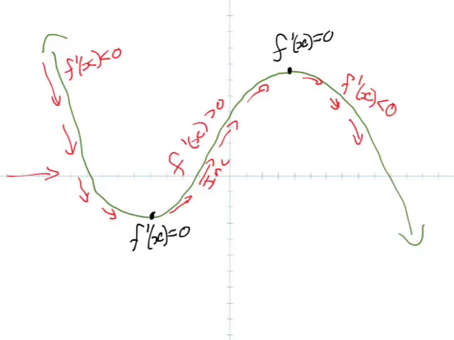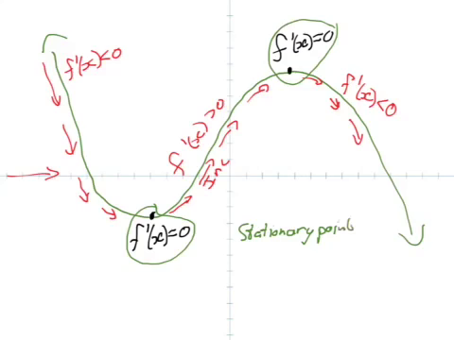At the left one here, the graph turns. The graph turns on that one. So can we therefore say that all stationary points will be turning points?